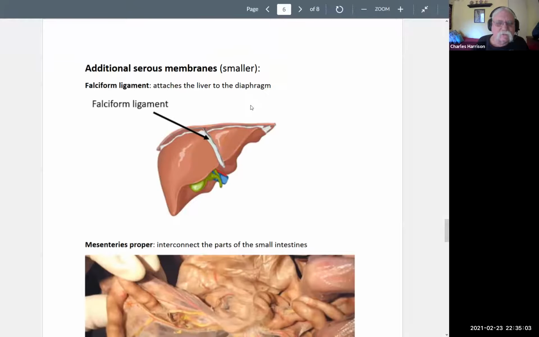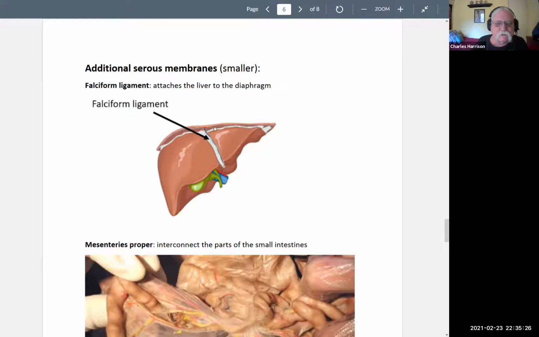Some additional ones. One is the falciform ligament. This is the liver, and you're standing up most of the day while you're awake anyway, and that liver doesn't fall to your feet. That liver is held up to the diaphragm.